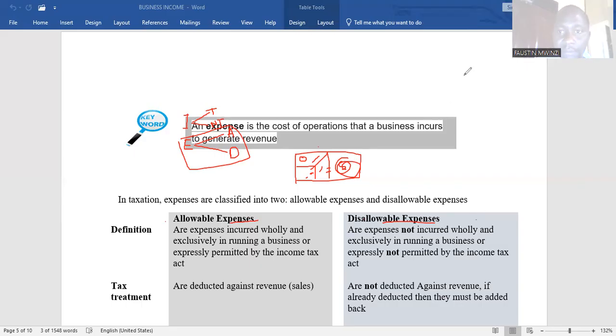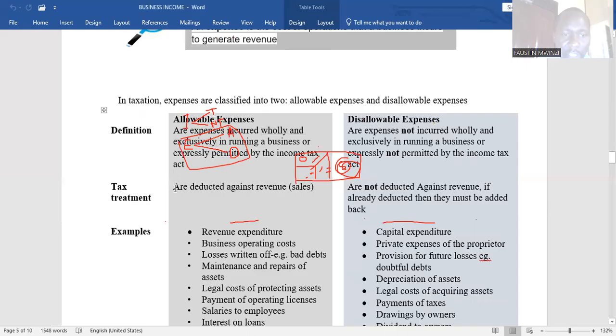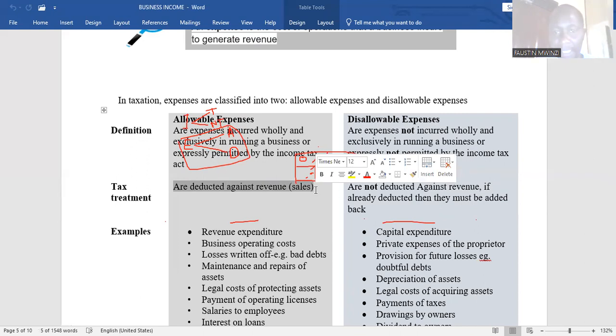Now, let's move on. The treatment of allowable expenses is that we deduct them against sales. We less them.